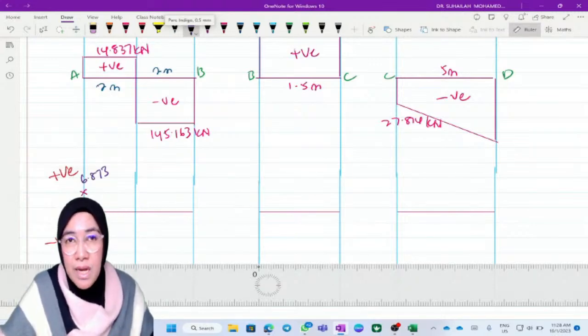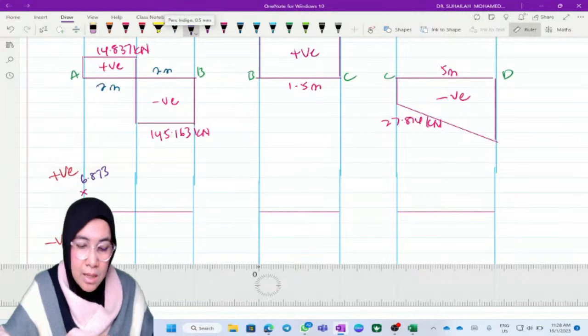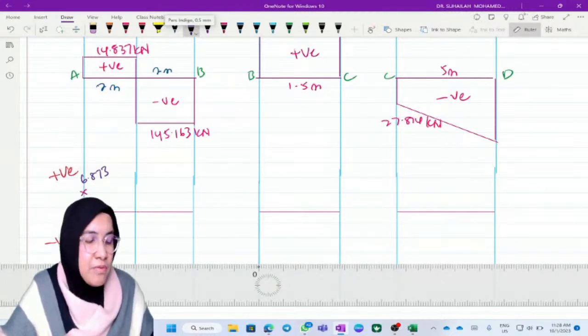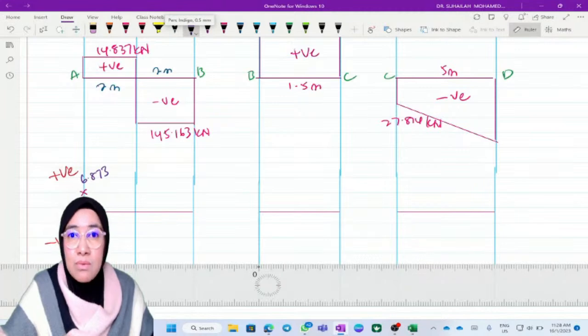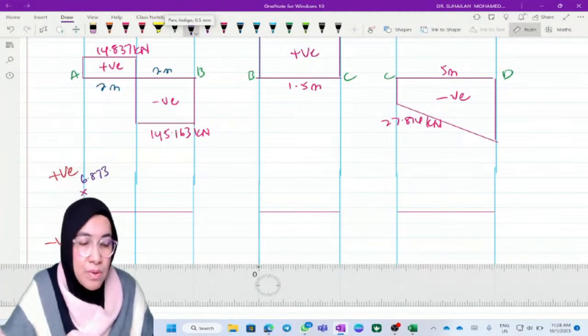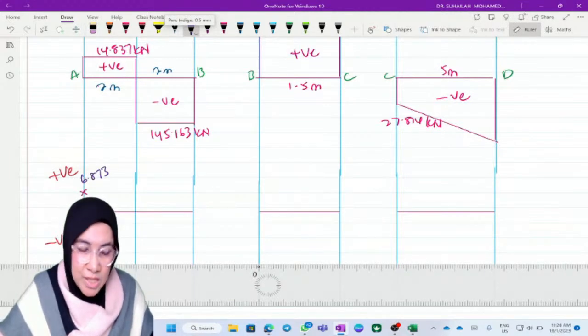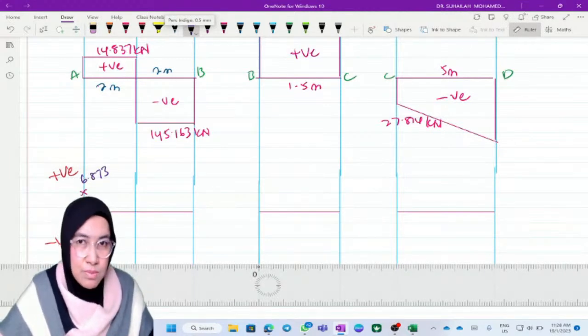The first value is 0 because, as I mentioned, the diagram must start from 0 and close at 0 to represent the equilibrium. If you don't get 0, something is wrong somewhere, you have to check back. So start with 0.